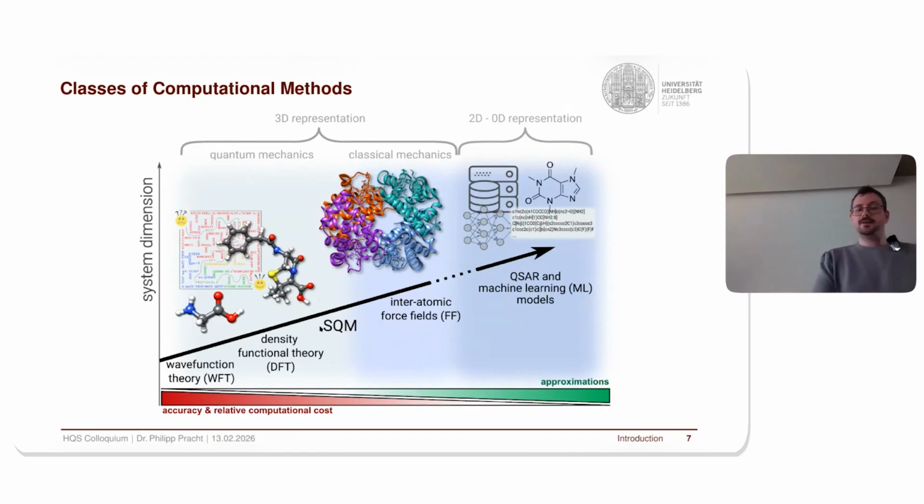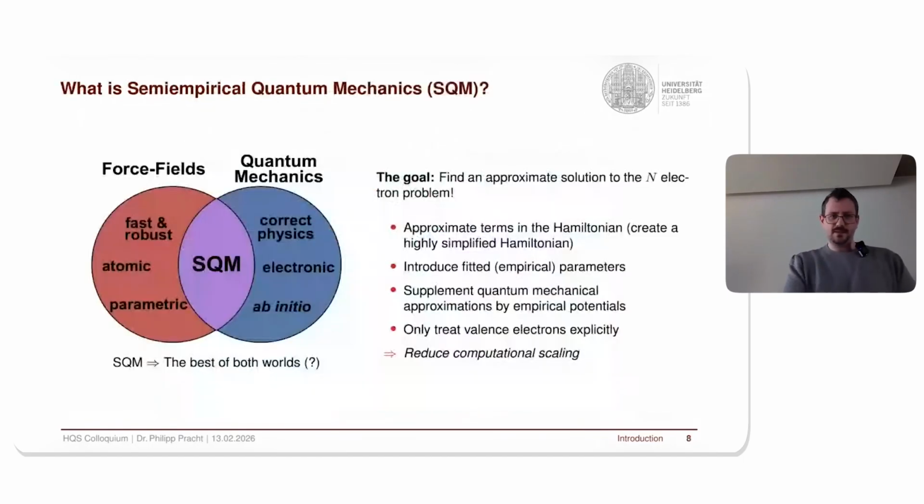In the middle here, you have SQM, which are the low-cost electronic structure methods from my talk title. And the approach here is kind of that you try to find the best of both worlds, maybe also the worst of both worlds. These are not exclusive. So you are still looking at an electronic structure picture in some sense.